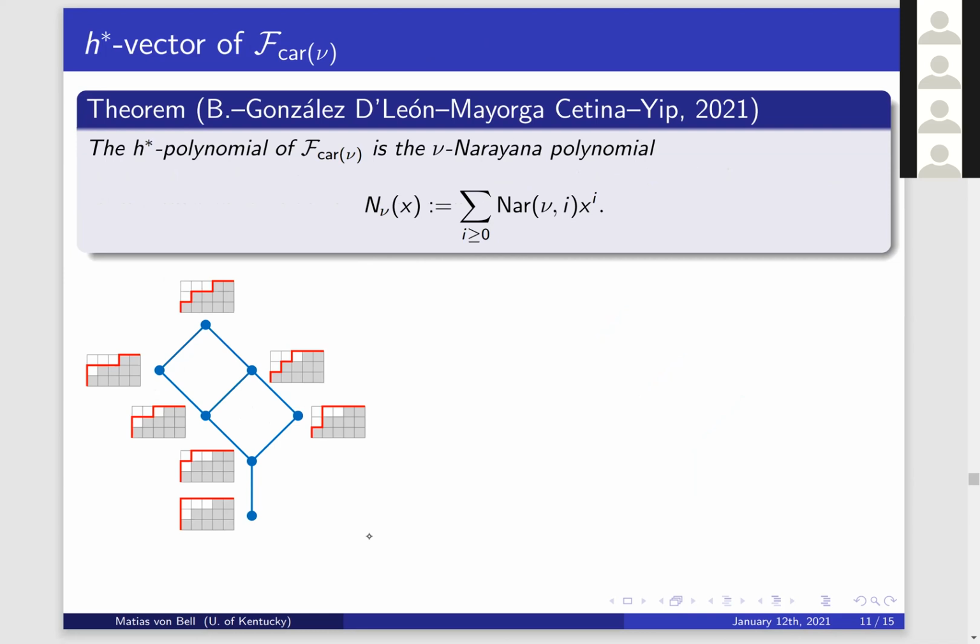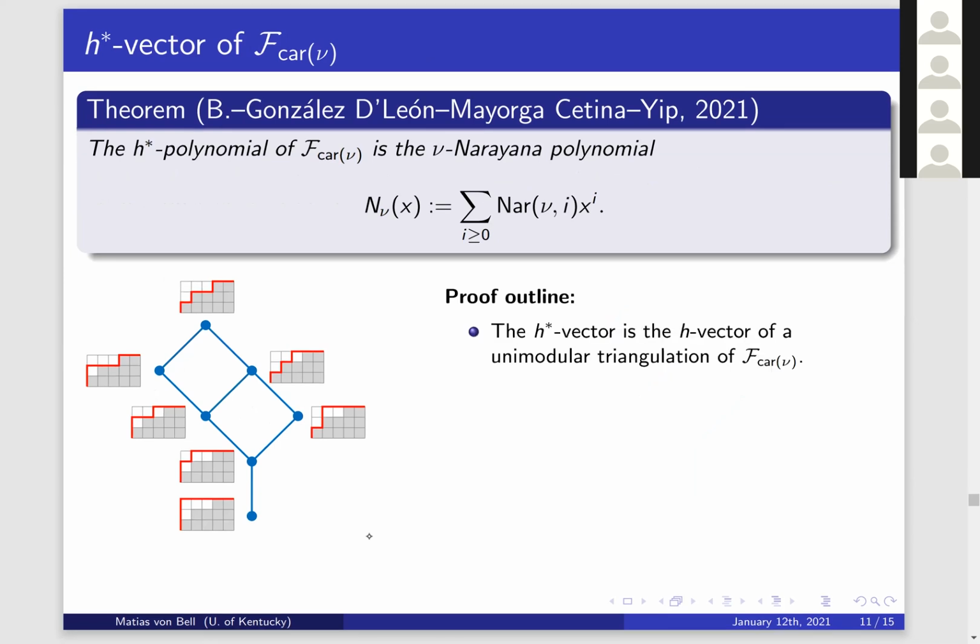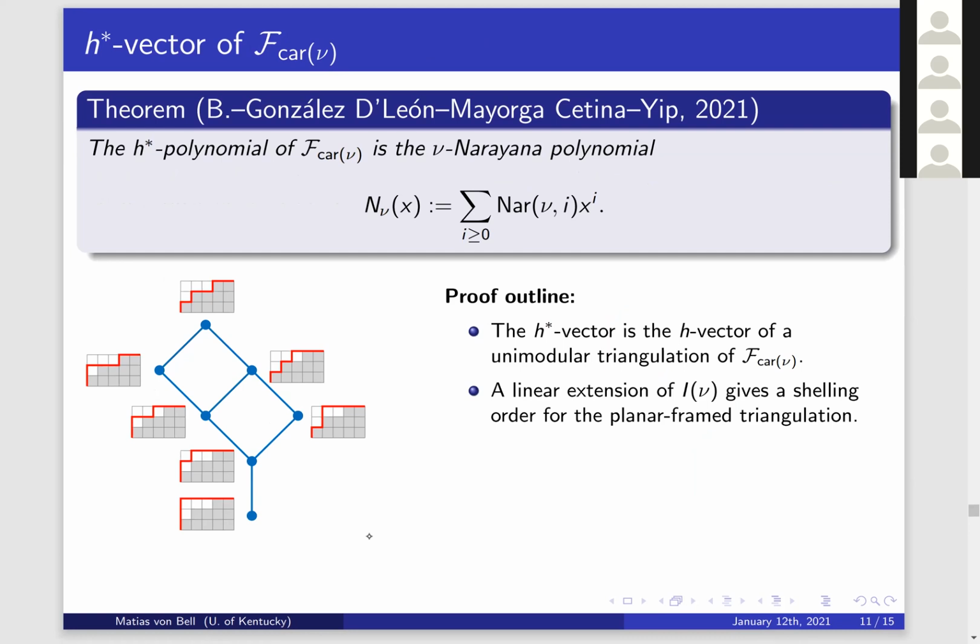And the proof outline is as follows. So first of all, this polytope is a lattice polytope. So its H star vector is the same as its H vector for any unimodular triangulation of it. And since frame triangulations are unimodular triangulations, then we can simply find the coefficients of the H vector of the triangulation.